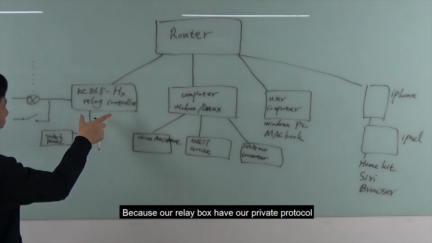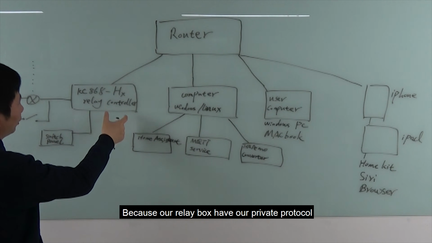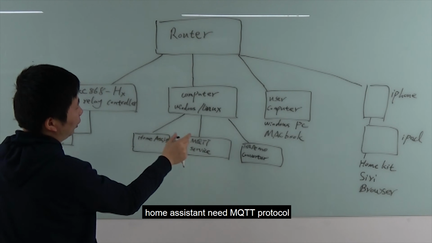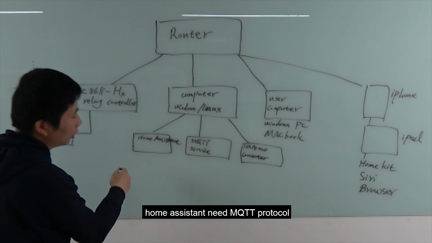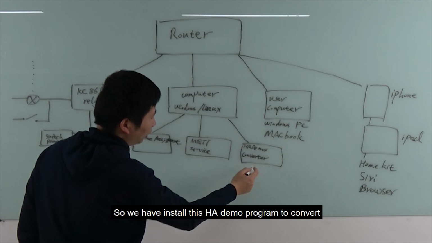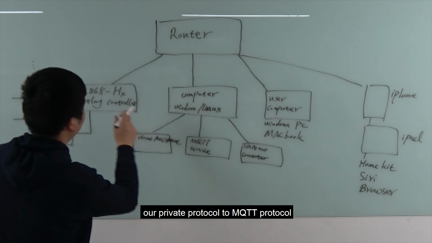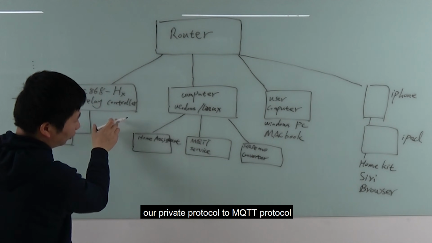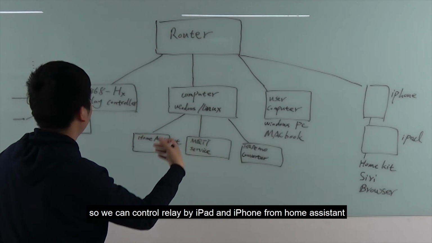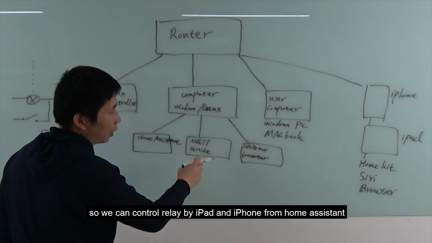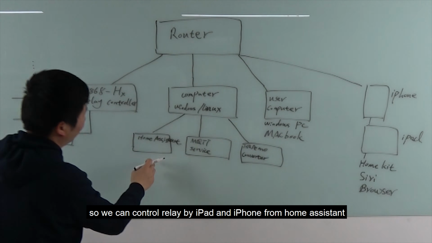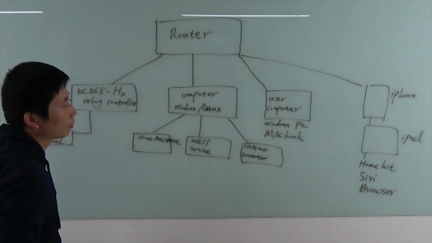Because our relay box has our private protocol, and the Home Assistant needs the MQTT protocol, we have installed this HA demo program to convert our private protocol to the MQTT protocol, so that we can control the relays by iPad and iPhone from Home Assistant.